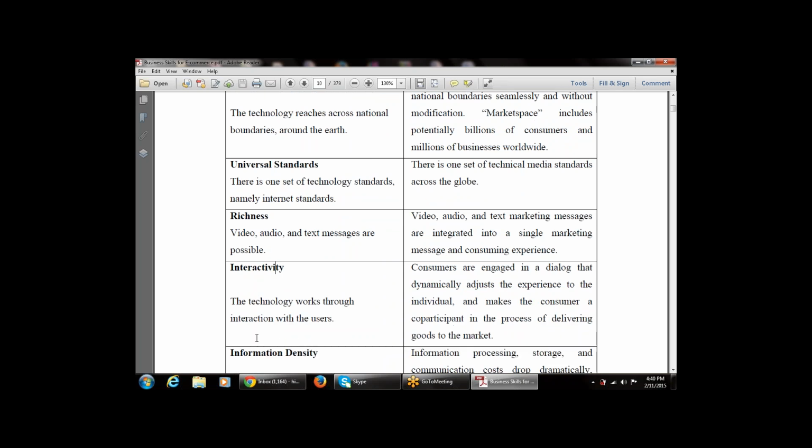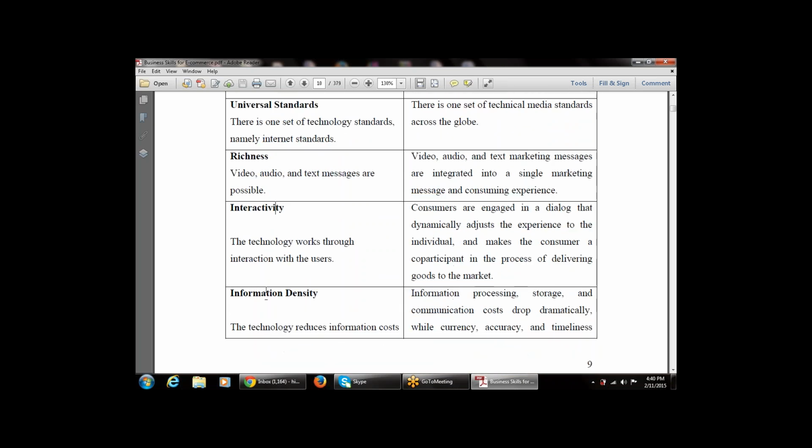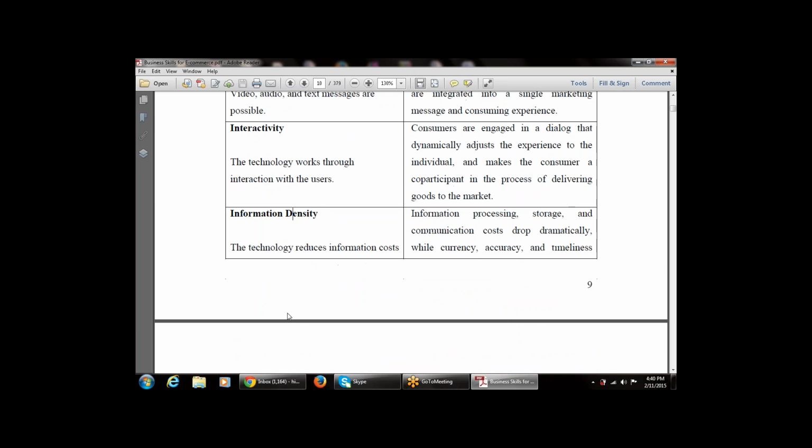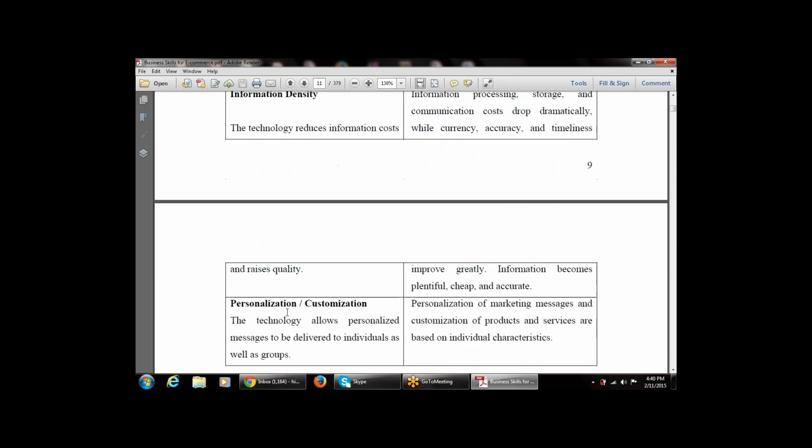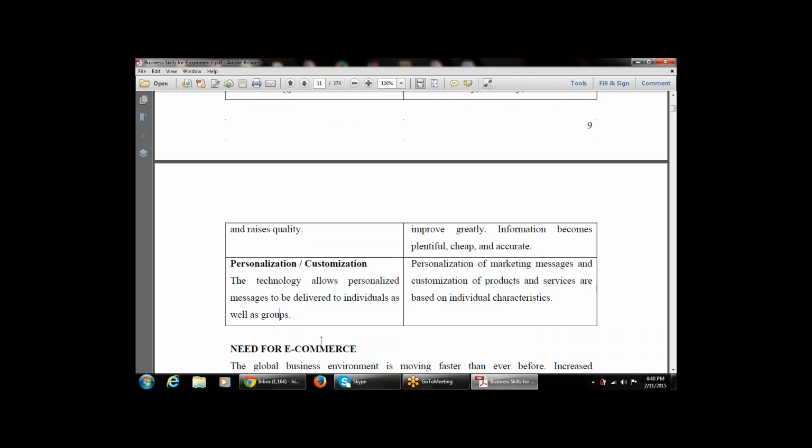Then interactivity, that is, we can use interactivity in e-commerce. Then information density, that is, the technology used reduces the information cost and raises the quality. Then personalization and customization, that is, the technology allows personalized messages to be delivered to individuals as well as groups. That is, we can personally use e-commerce, or we can customize e-commerce for organizations.